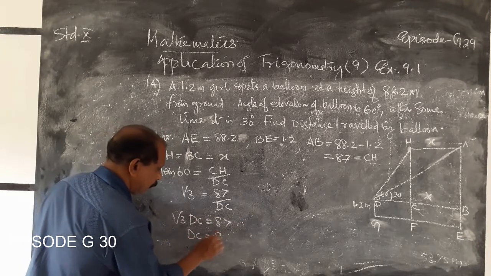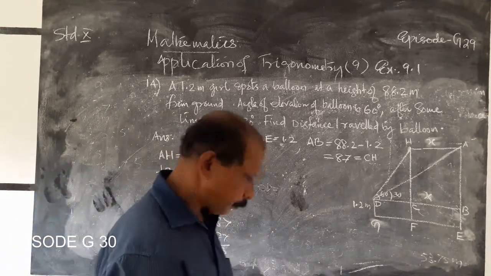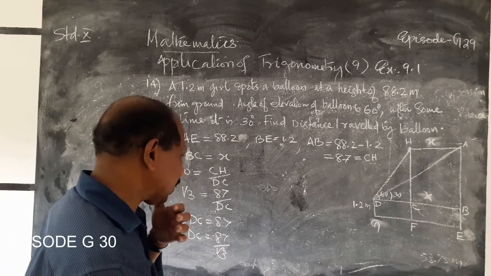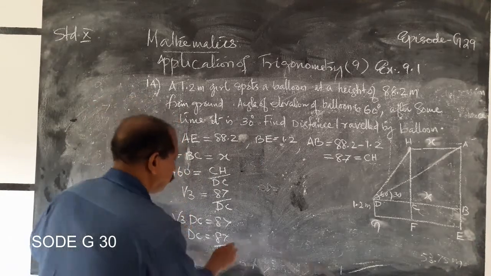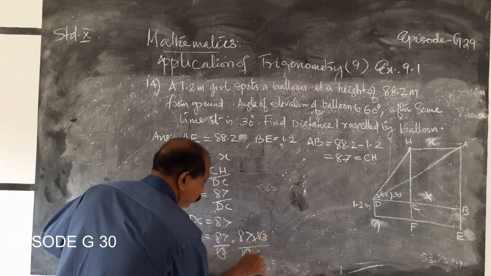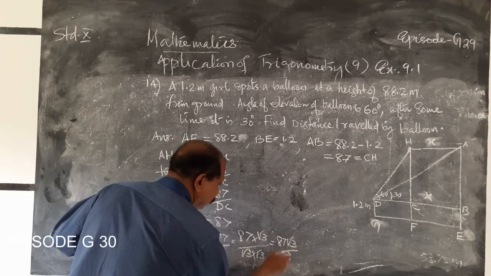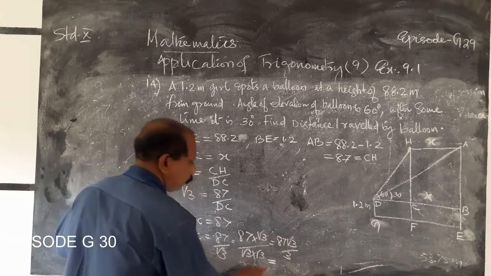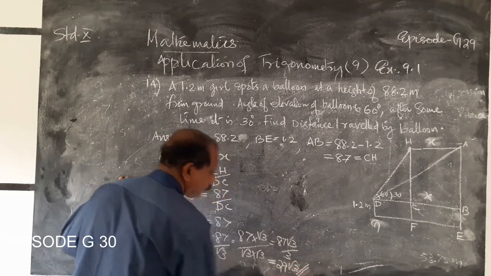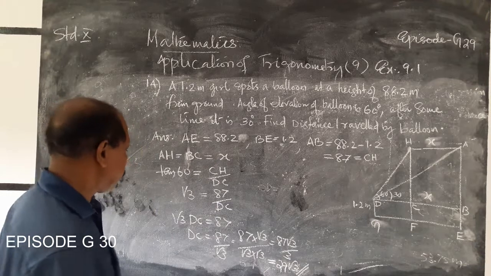DC is equal to 87 by root 3, which is equal to 87 root 3 by root 3 into root 3, which is 87 root 3 by 3, which is equal to 29 root 3. That is this.